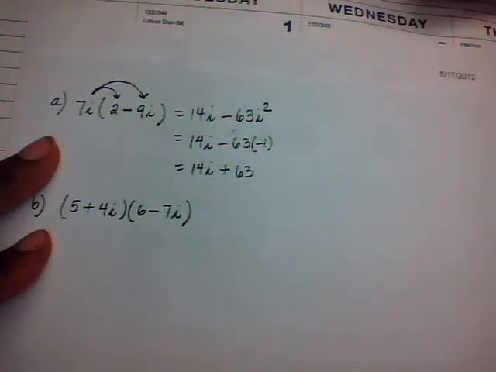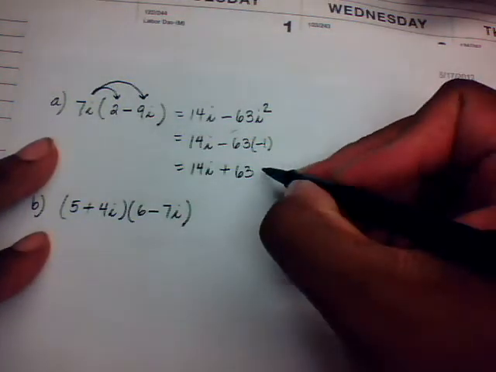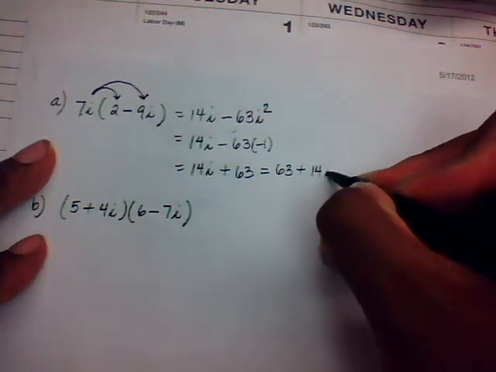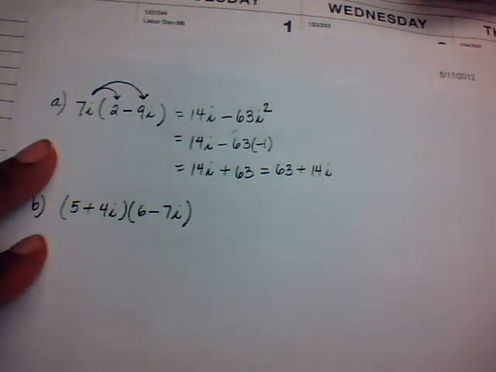So you got 14i plus 63. Or you can say 63 plus 14i, which is the more appropriate way to write it because, of course, standard form is always the real part plus the imaginary part. The real part goes first, followed by the imaginary part.